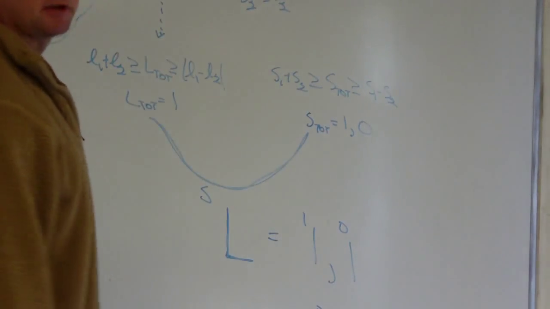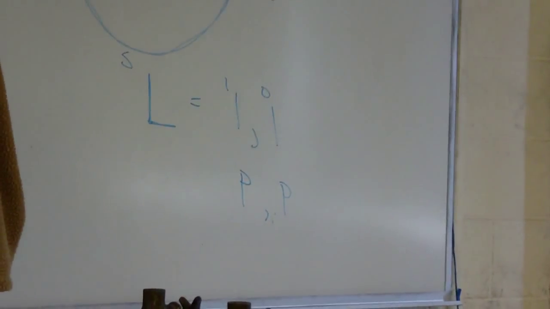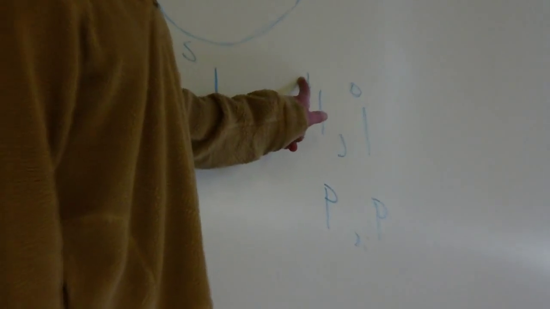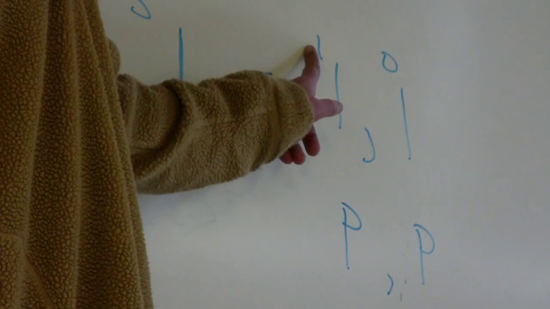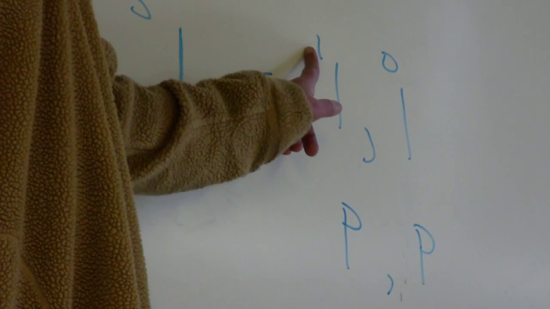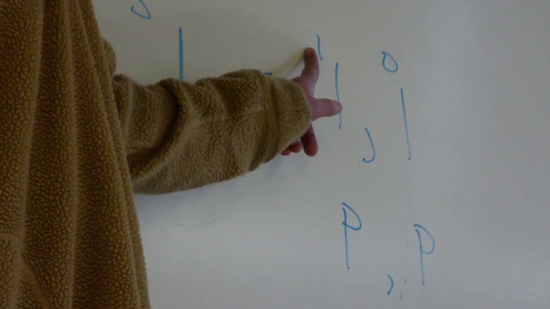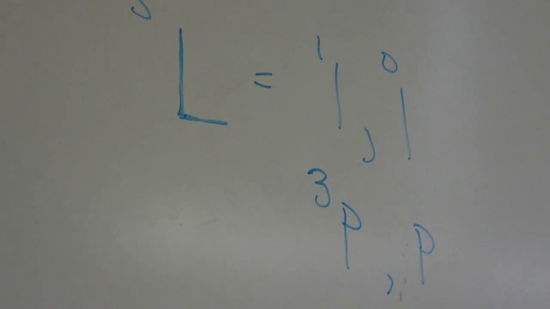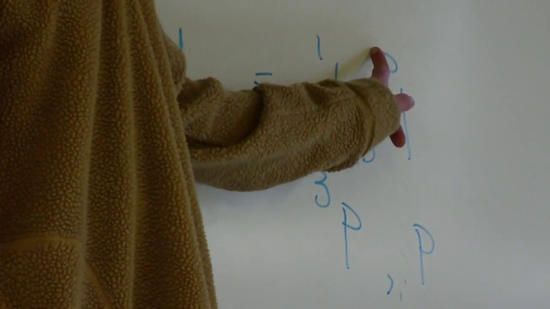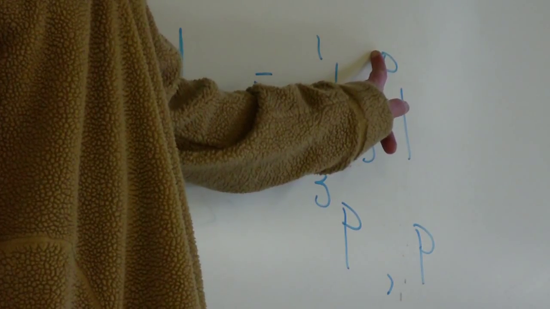This is called spectroscopic notation. Now, if you have a total spin of 1, how many projections of spin can you have? 3: 1, 0, minus 1. So this is called a triplet P. And if you have a spin of 0, how many can you have? 1.